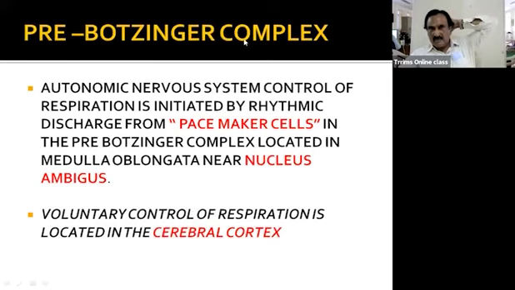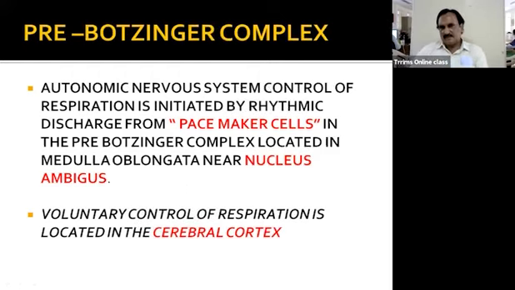That is the pre-Bötzinger complex, which initiates the action of the dorsal respiratory group. So this pre-Bötzinger complex is mainly responsible for initiating the pace in the dorsal respiratory group. And this is very close to the nucleus ambiguus. These things you can learn in the later portion.